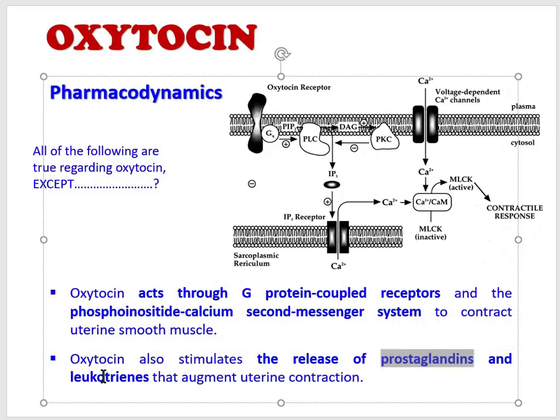And the prostaglandins and leukotrienes are also involved in mediating the uterine contraction. Again, the question could be framed: what is the mechanism of action? What receptors is it targeting? What is the secondary messenger system? Or which of the following are involved in mediating oxytocin response or effects? If you see all this information and then you see something which is not here, then that's the correct answer.